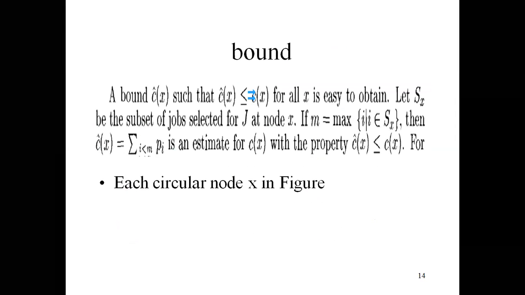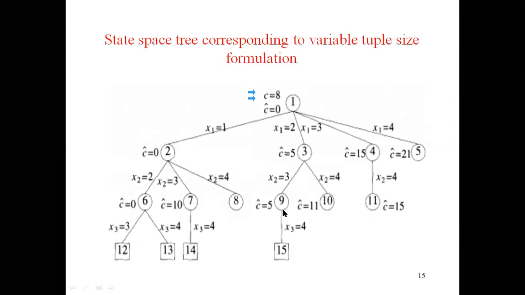In this way, we got the solution: at node 9, job 2 and job 3 are considered. So you got the minimized value 8. This is the solution you got.